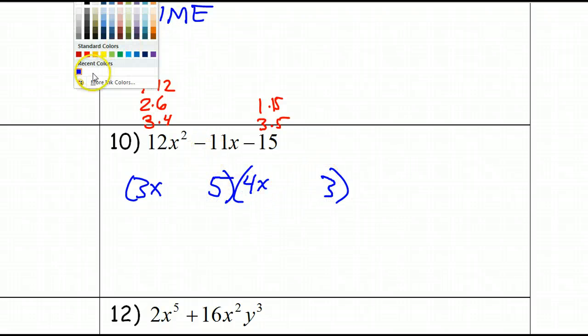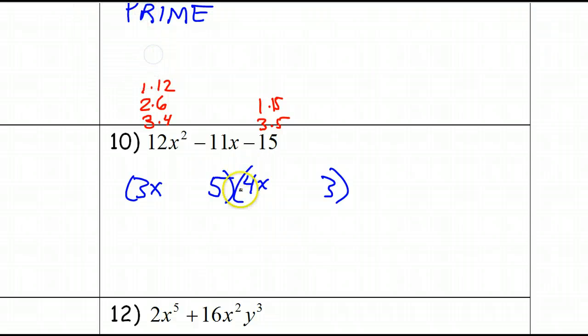Now let's check the inner, outer, middle. Inner, I have 20x. Outer, I have 9x. The middle is negative 11x. This is looking promising. Like 20 minus 9 is 11. So that means this should work.